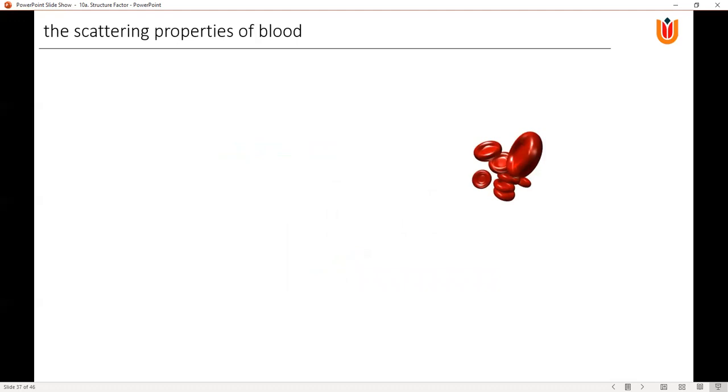I want to give you a practical example of that, and that is blood scattering. Do you know what the volume fraction of red blood cells in blood is? Approximately 50%. Then you would probably have to report to the doping authority.